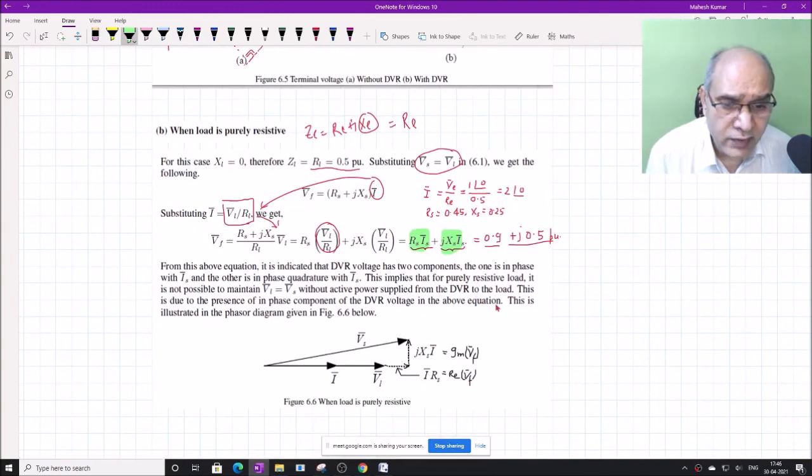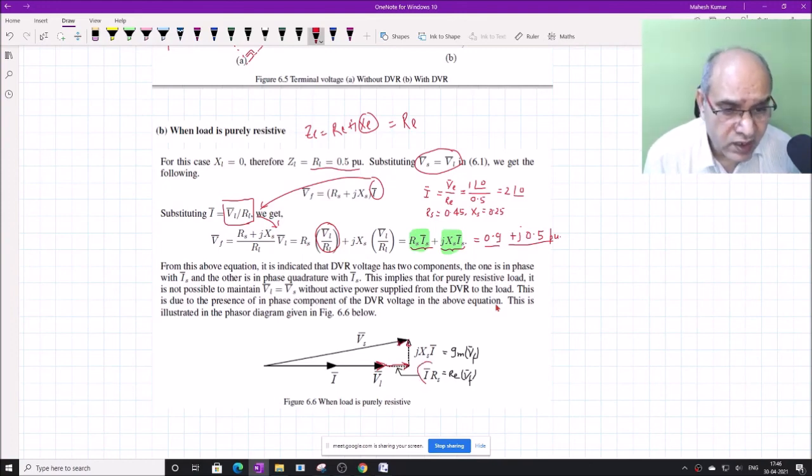You can see in the diagram as well that this is the BL here, and this is the BS. You need this component I into Rs plus Jxs into Is. Then you will get Bs.